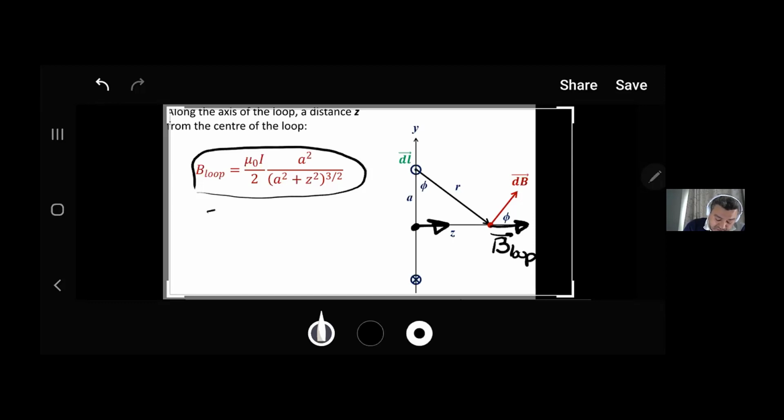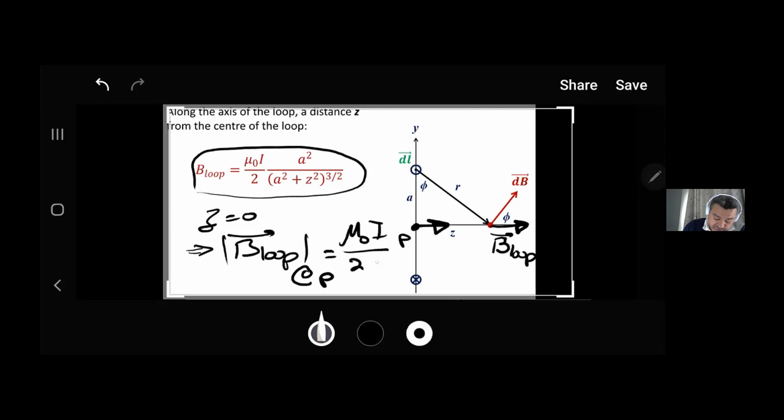However, by substituting z with 0, the B loop at point P will be mu naught I over 2a, where this whole thing becomes 1 over a.